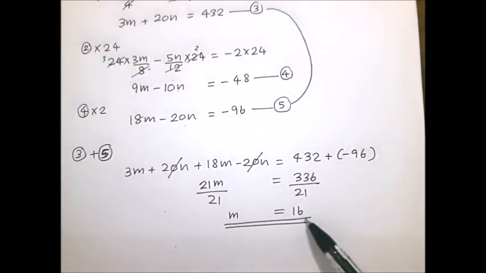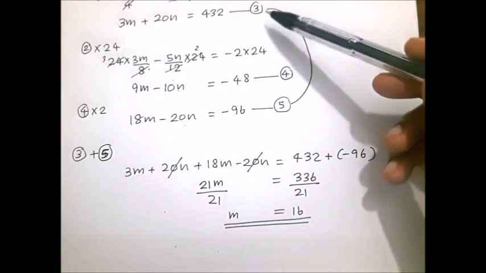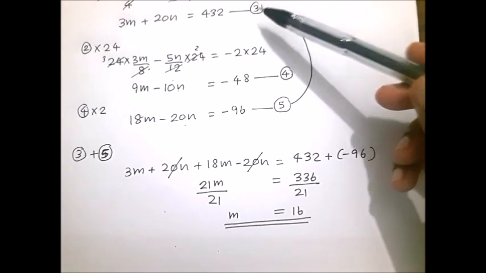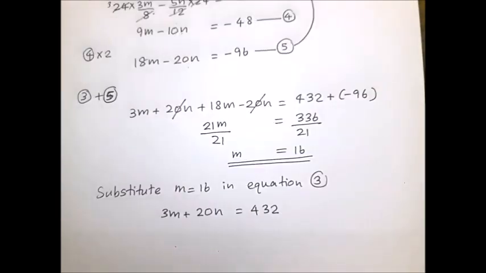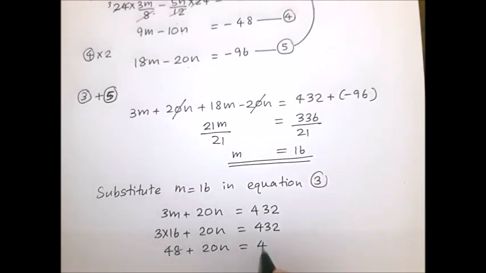Now substitute this value m equal 16 in third equation. 3 multiplied by 16, 20n, 432. 3 multiplied by 16, 48. Now subtract 48 from 432.